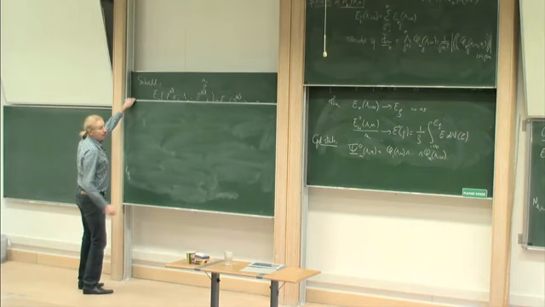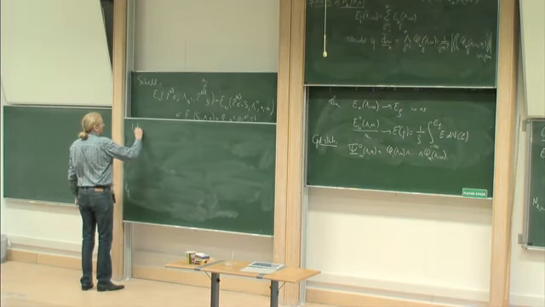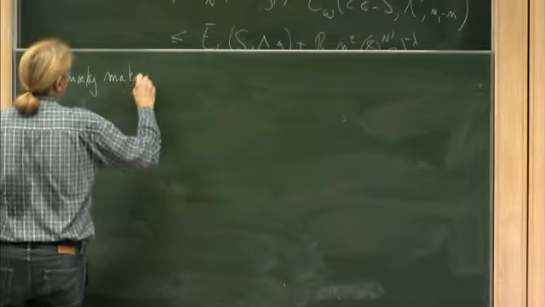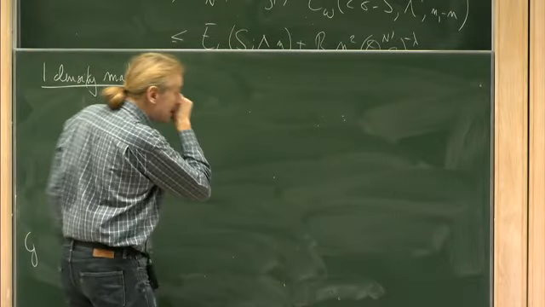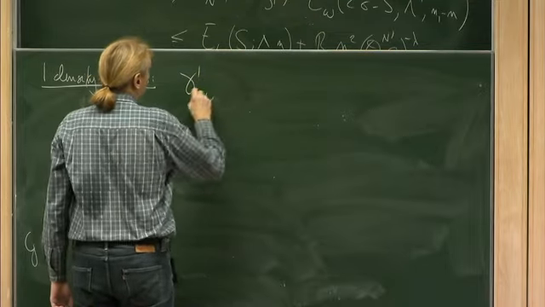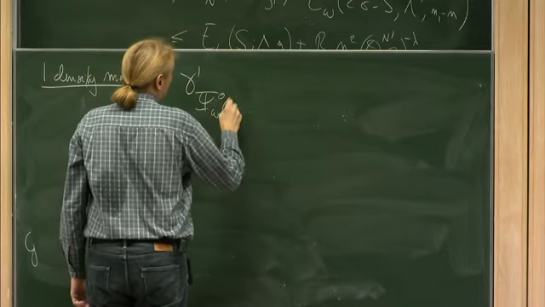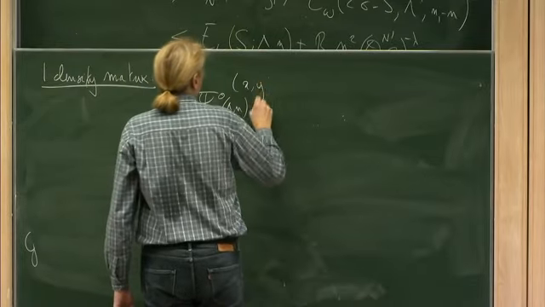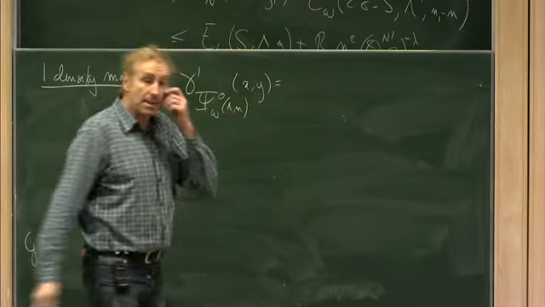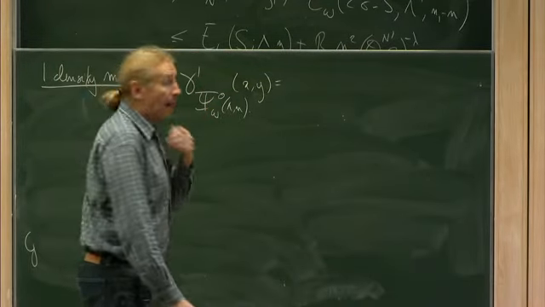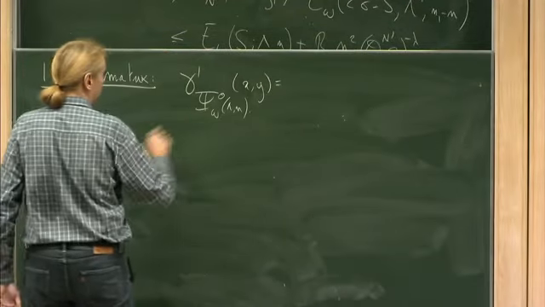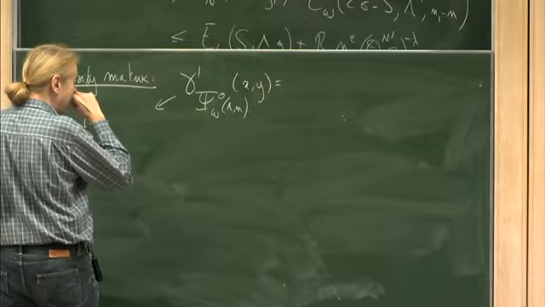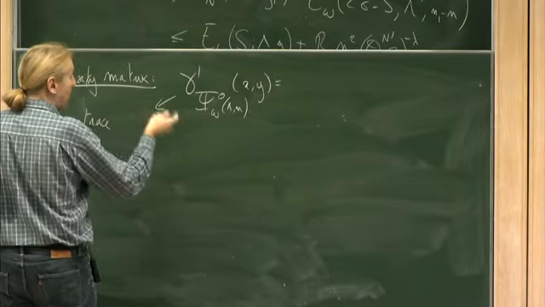So remember, the one-density matrix, what is it? Gamma_1 of psi_0(ω, Λ_n). It is a trace class operator acting on L2, so I identify the operator with its kernel.